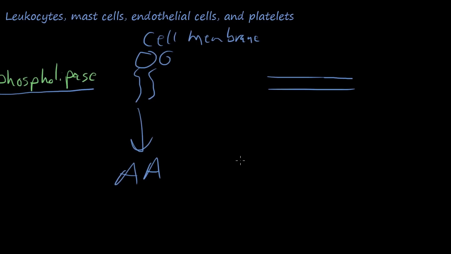We have these platelets, and they're just circulating in the bloodstream. These endothelial cells are cells that are one layer thick along the blood vessel wall.